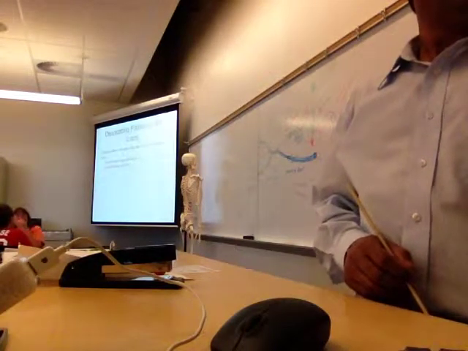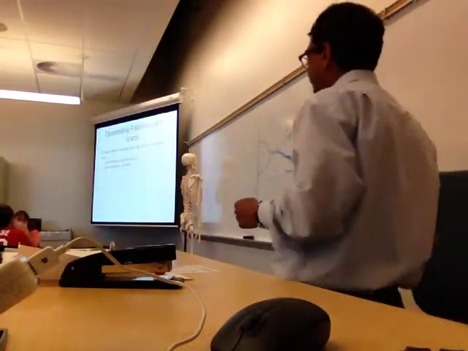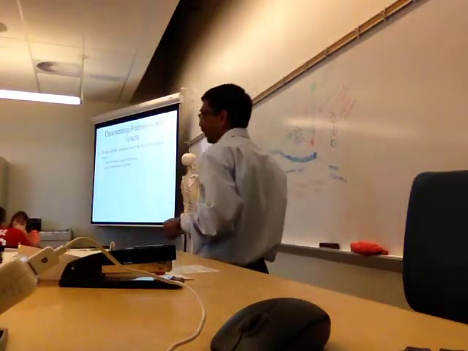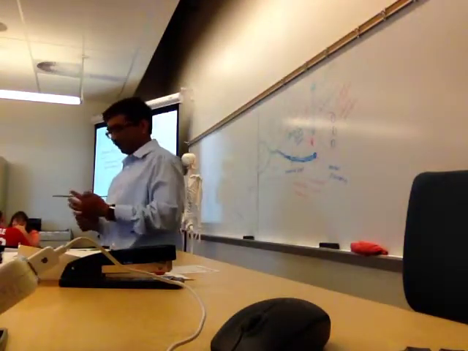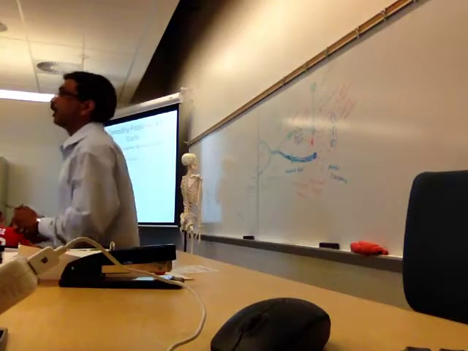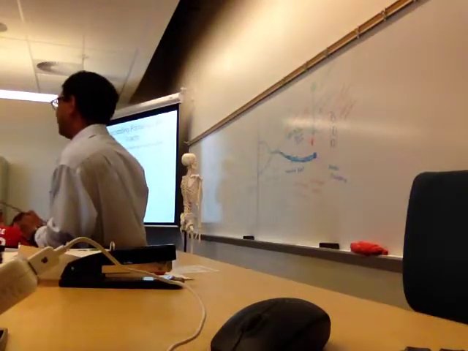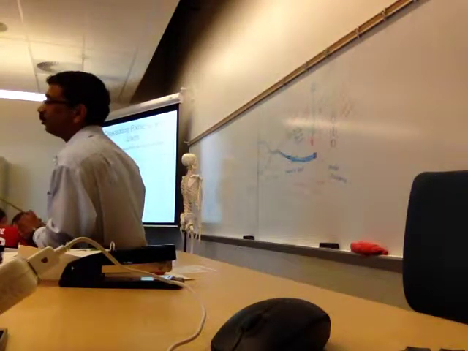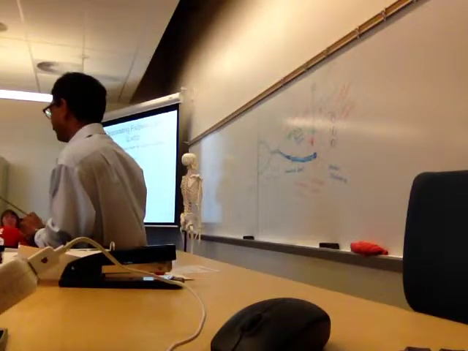Okay, now descending or motor pathway. In motor pathway, there are two groups of neurons, not three. How many? Two groups of neurons.